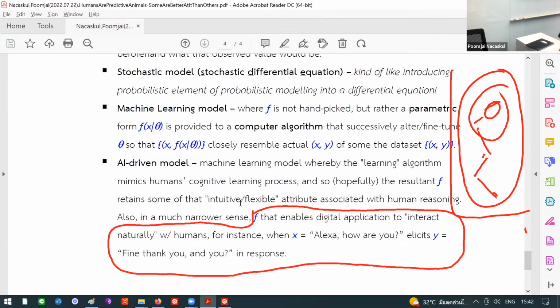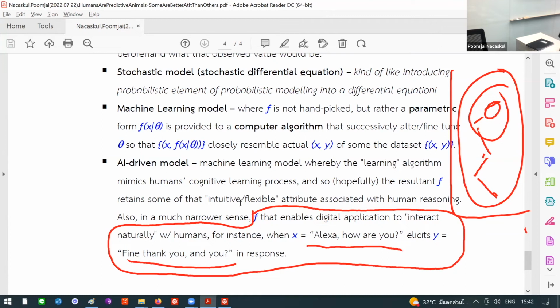So if X is input, in this case the input is Alexa, how are you? Go in, F produces Y. Y is actually a sound saying, I'm fine, thank you, and you? Right? So it's kind of a natural feeling. So that's what an AI model in itself does. It just gives you a nice feeling of working with a human being. So that's where chatbots and all kinds of stuff come in.